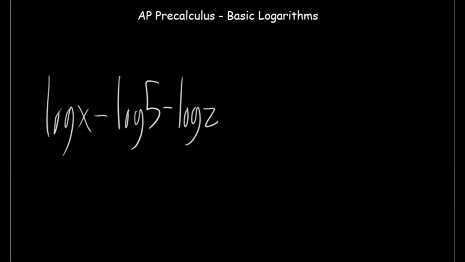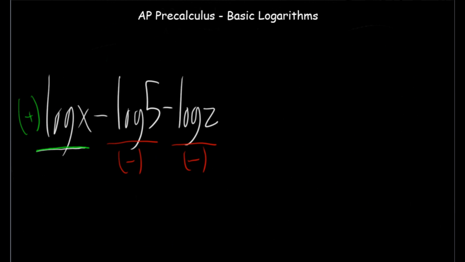Well, you gotta remember that this log is positive because there's no negative sign in front of it, whereas these two values are both negative because there are negative signs between them.